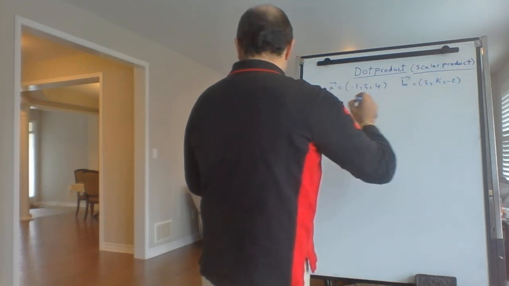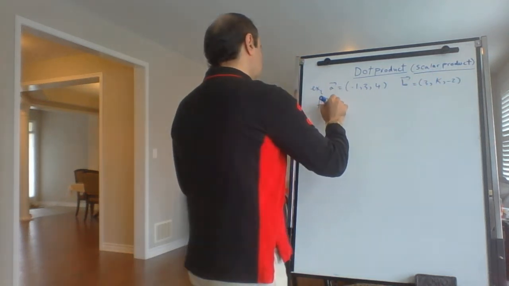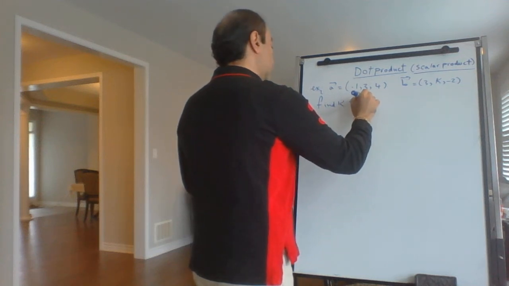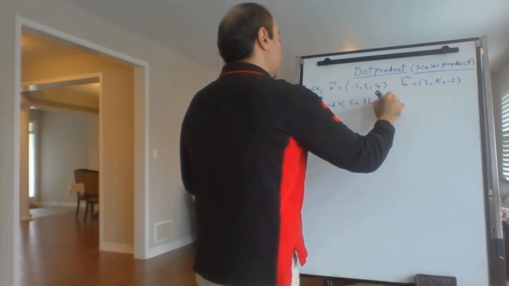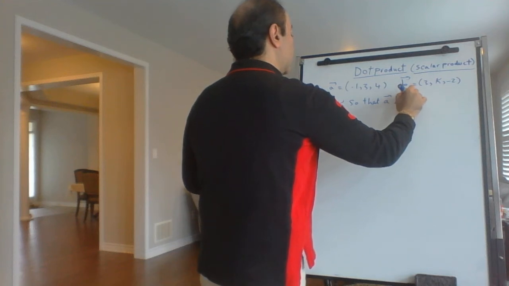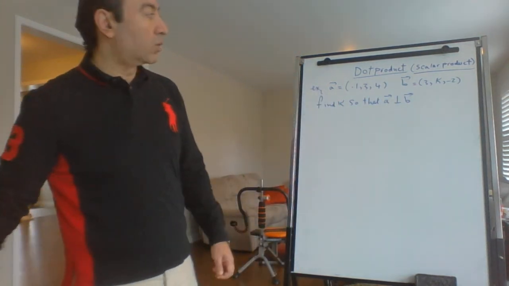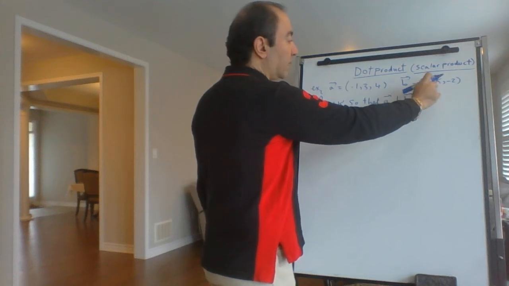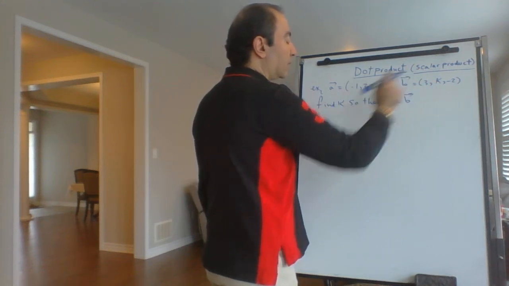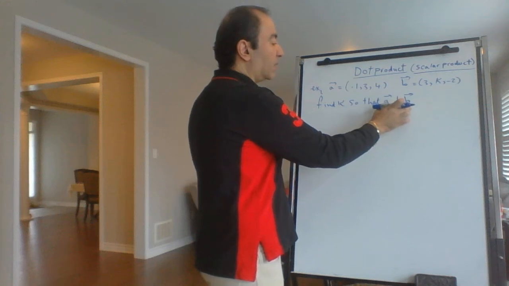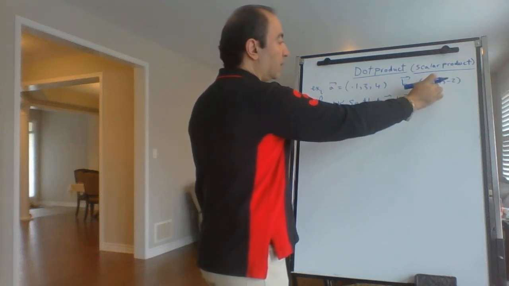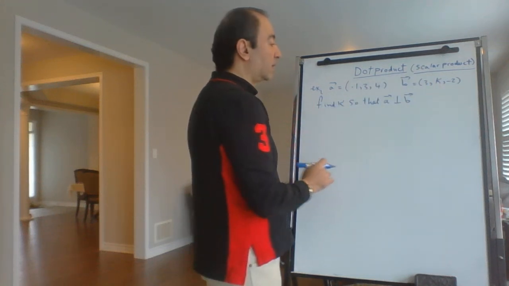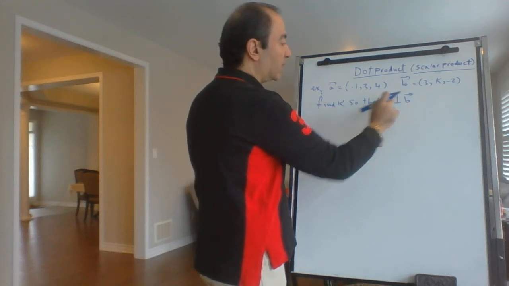We need to find K so that A is perpendicular to B. So in this question, we have vector A and we have vector B, but it is missing the y component of vector B. But they give us another piece of information that will help us find K. What is that information? That A is perpendicular to B.